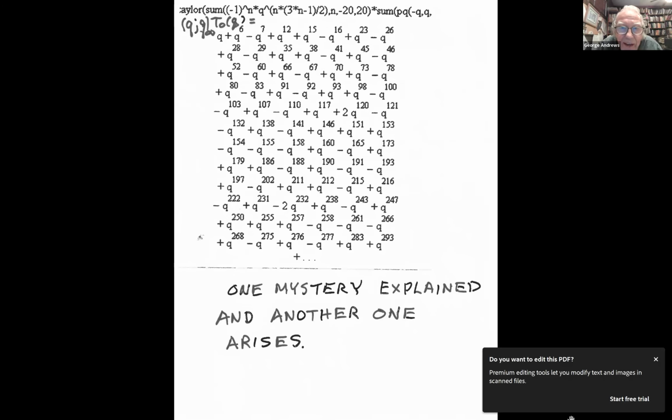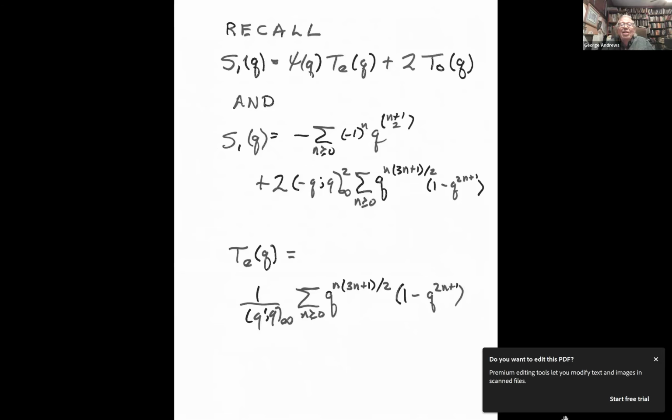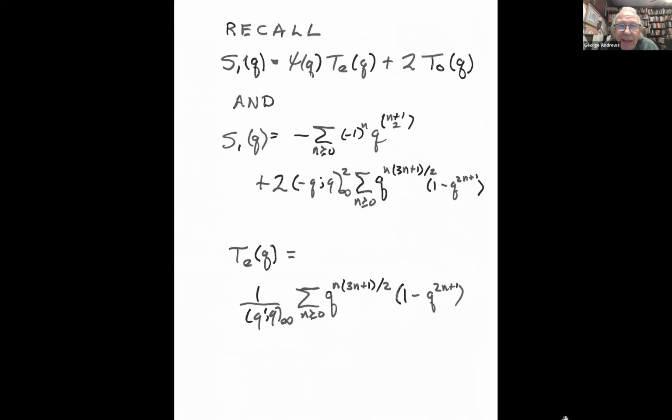What is this anyway? In order to understand this, we have to recall that we already proved this is the identity we proved for S1 of Q. From the first theorem, remember, we related S1 of Q to the full generating function for partitions into two colors and distinct parts.